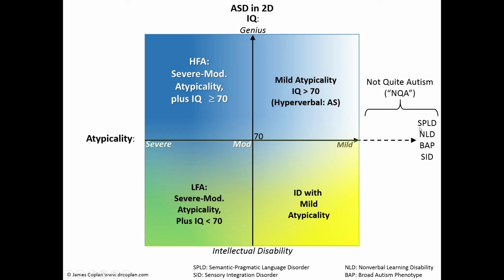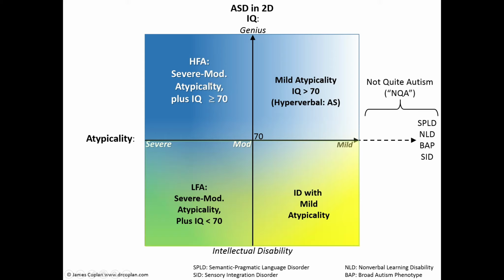And here we have things called semantic pragmatic language disorder, nonverbal learning disability, broad autism phenotype, sensory integration disorder, which is the diagnosis often handed out by occupational therapists who aren't technically qualified to make any of these other diagnoses, but it overlaps.